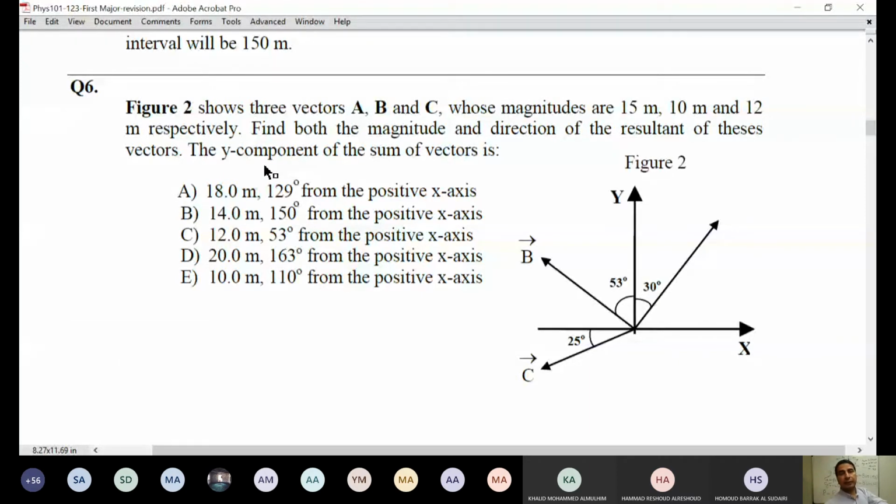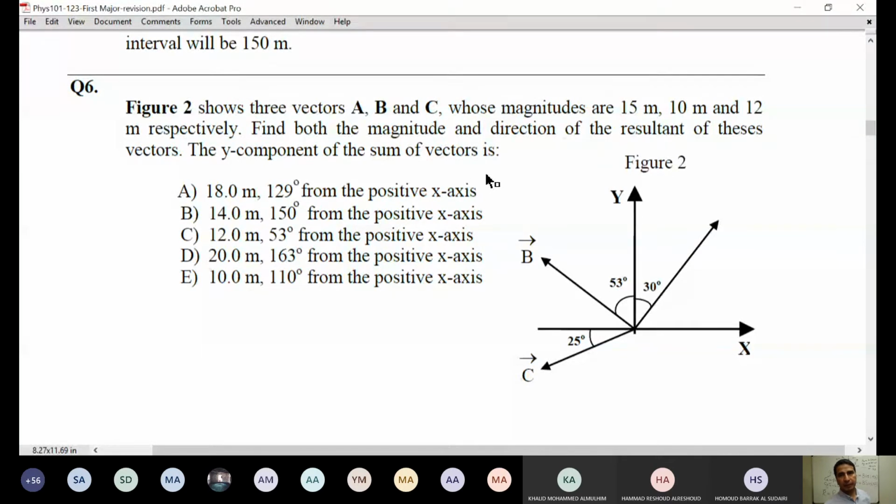Since they are looking to find both the magnitude and direction of the resultant of these vectors, first of all, you need to determine that, and then also it says the y component of the sum of the vectors is. So in a way, the problem is really not worded correctly.